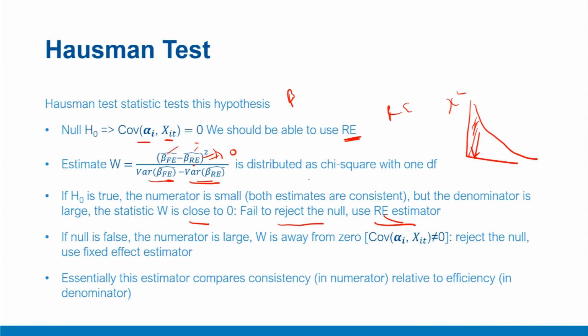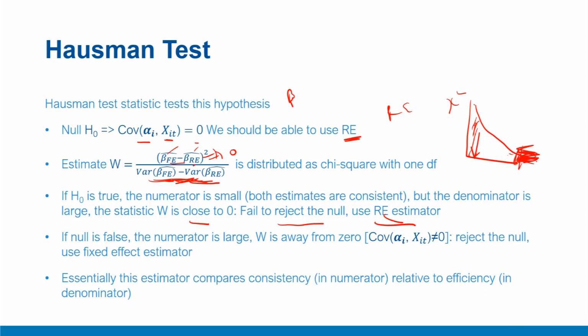However, if we reject the null, that is the case where both the estimators are not consistent and therefore there is a substantial difference between them, and the difference is so large that it is much larger than the difference in their variances, so large that we are in the rejection region.